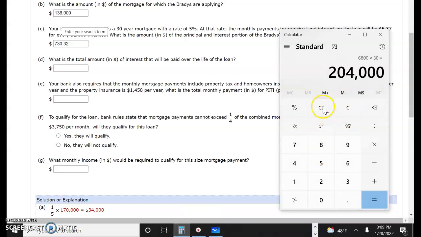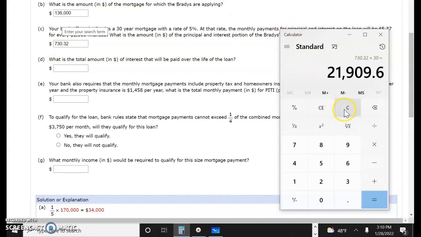We have 12 months in a year, and we have this for 30 years. So 360 payments, and each payment we figured was going to be $730.32, and that payment includes principal and interest.